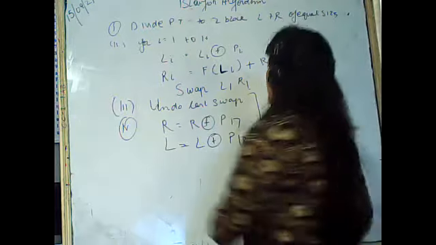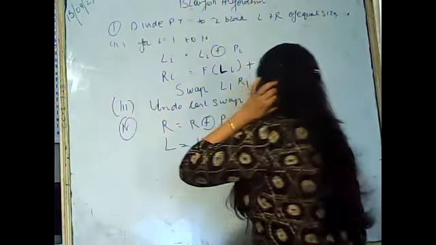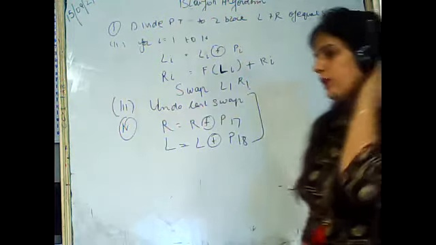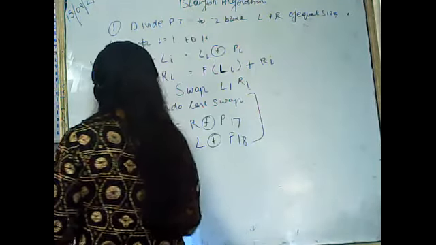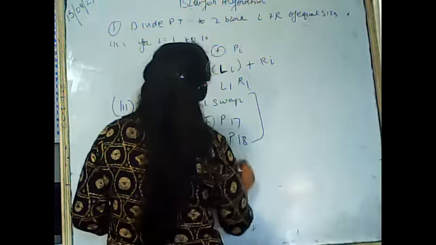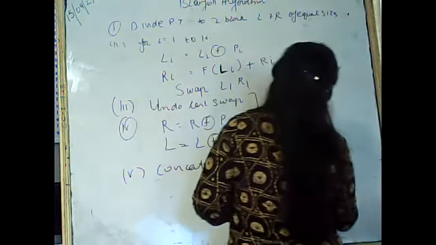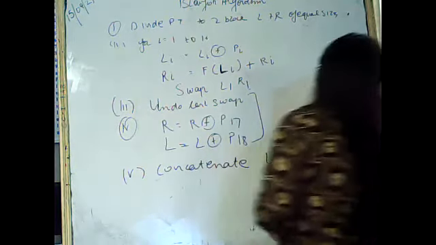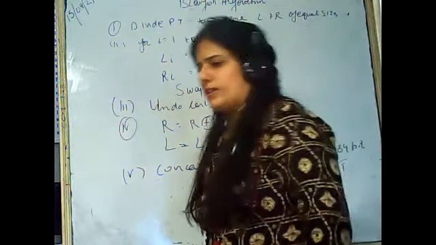So here you have R equal to R exclusive OR P17 and L equal to L exclusive OR P18. I have already mentioned this in the diagram. Now the last part is concatenate. Concatenate means combining L and R to get the 64-bit ciphertext.